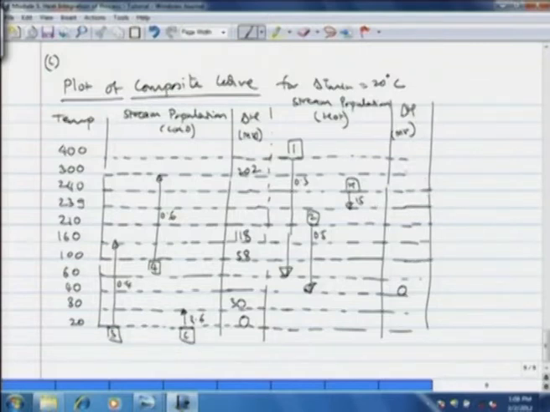So here we see that for temperature intervals 40 to 60 there is only one stream, that is number 2. 60 onwards the number 1 stream adds. So at 60 degrees the total cumulative enthalpy is 0.5 into 20, that is 10.